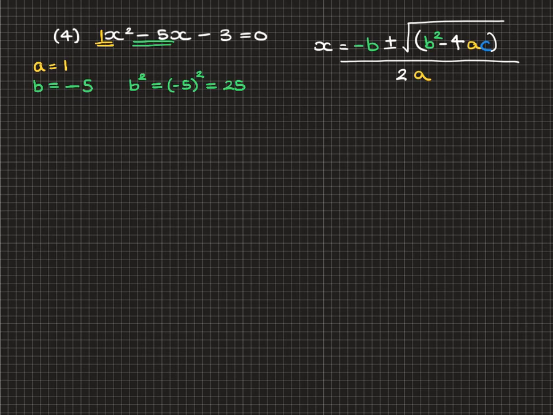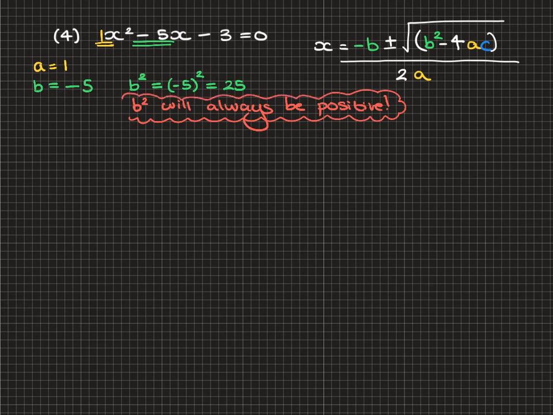Or they just don't stop and think and remember that square numbers have to be positive. I want you to make sure you've written a very clear note to yourself that says b squared will always be positive. And remember that because it will hopefully stop you from making silly mistakes when you're using the quadratic formula.